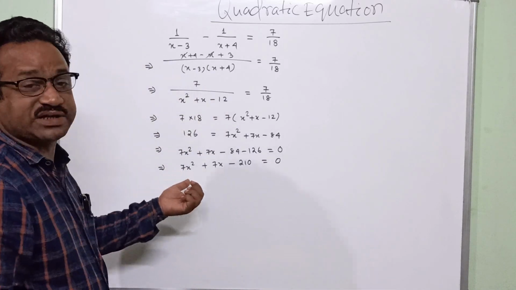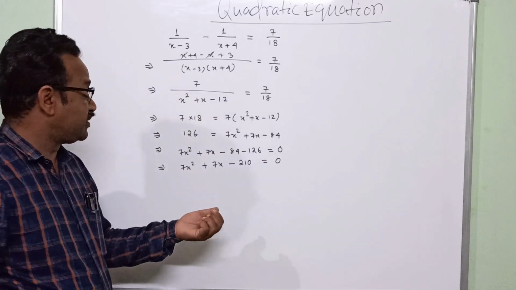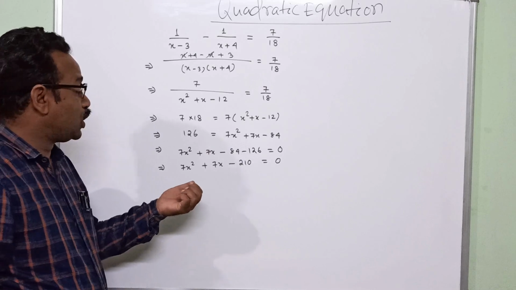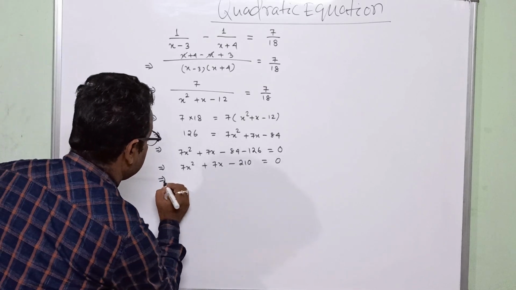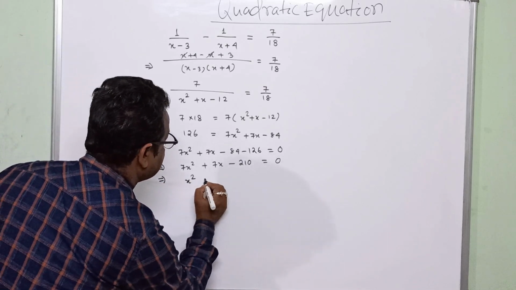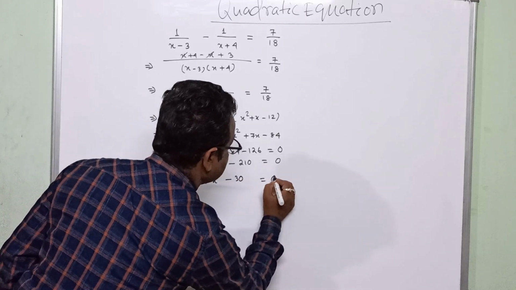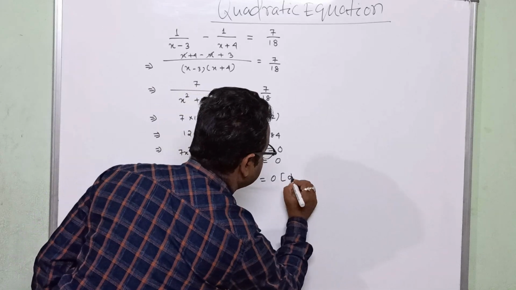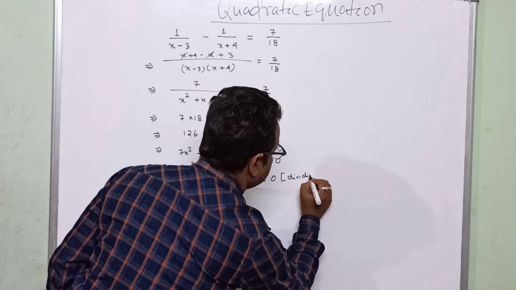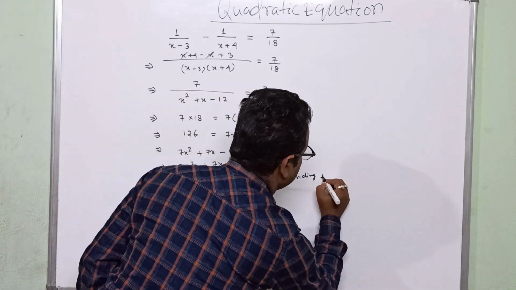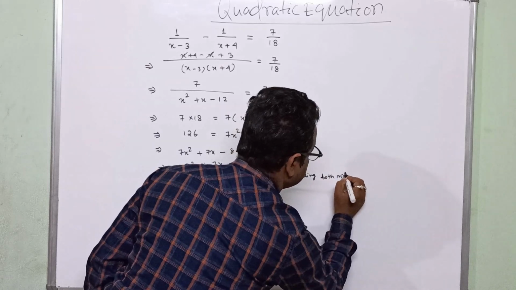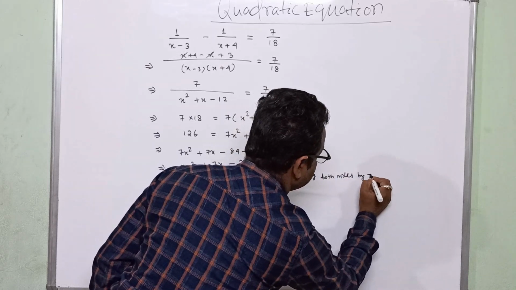Now there is a common factor 7, so we will divide both sides by 7 to reduce it to the lowest form. So dividing by 7 we will get x² + x − 30 = 0.